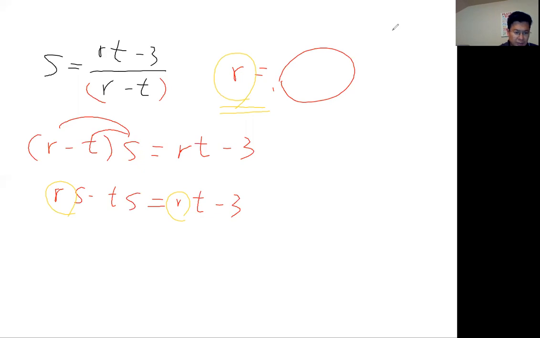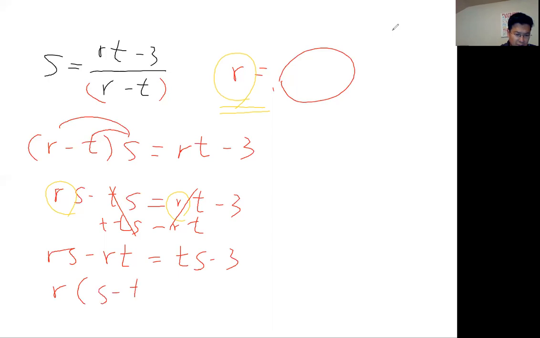So let's subtract RT on both sides, then we have RS minus RT, and then we add TS on both sides. So we can eliminate this, then TS minus 3. And R has to be isolated, so we can take out R: R times (S minus T) equals TS minus 3.